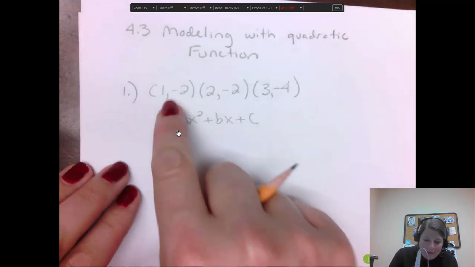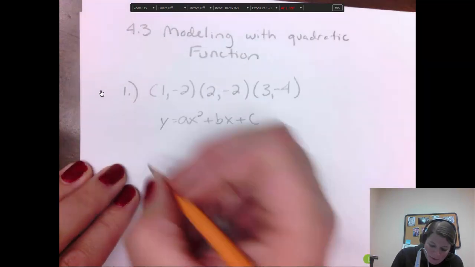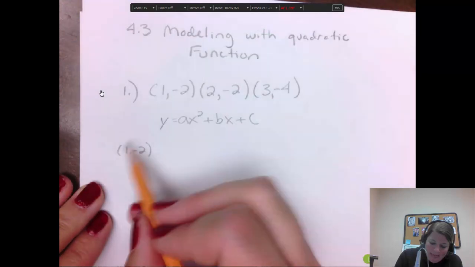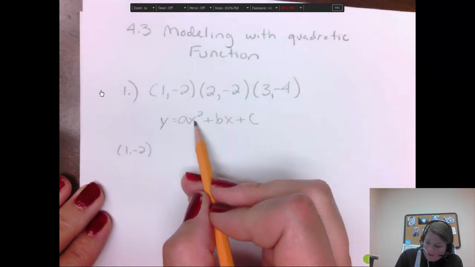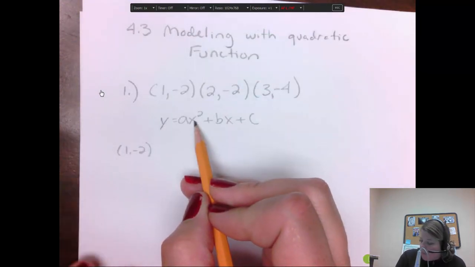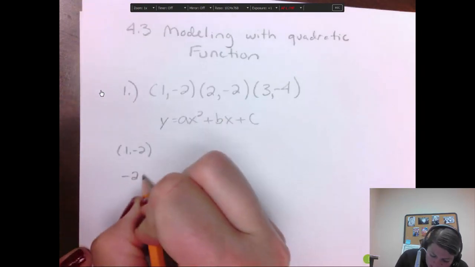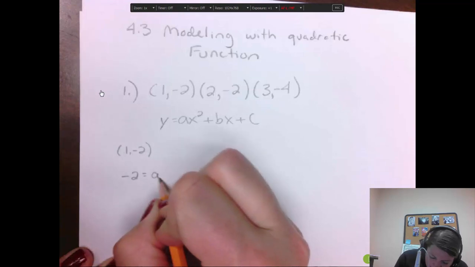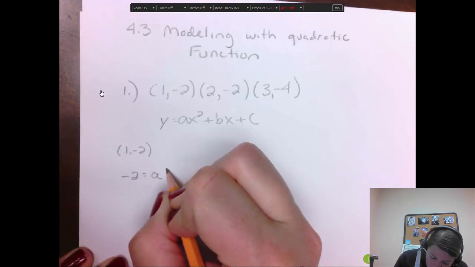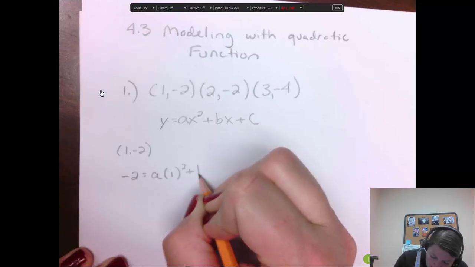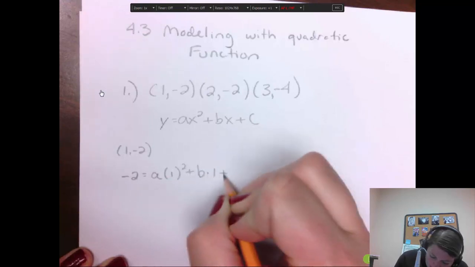We're going to plug in those numbers first. I'm going to use the point (1, -2) first, putting in x and y. So I would get -2 equals a times 1 squared plus b times 1 plus c.